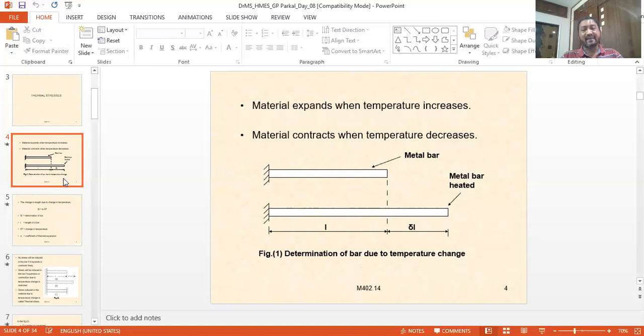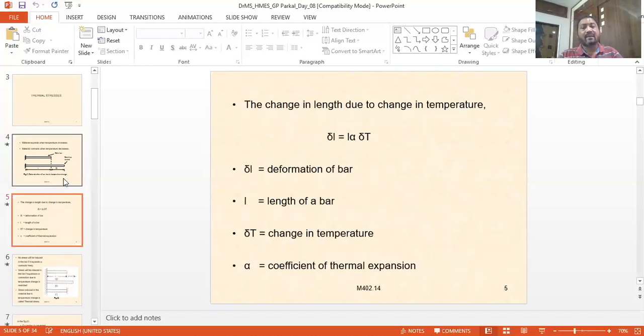The initial length is L, and we get a final length of L plus delta L, where delta L is the increase in length, or expansion, and that delta L can be found using the relation for the change in length, in this case the increase in length due to the rise in temperature.